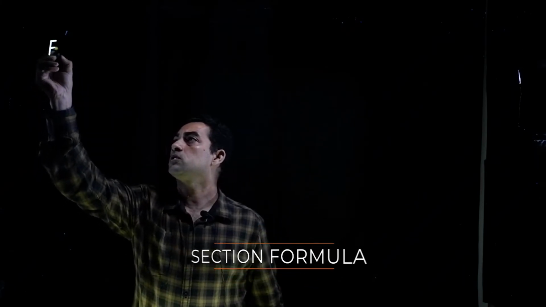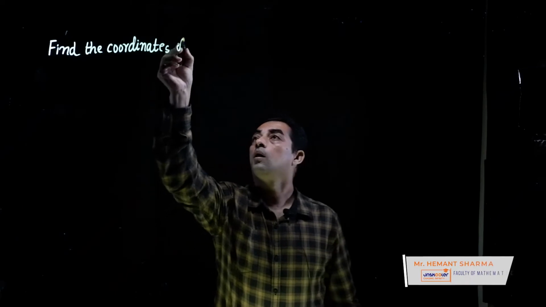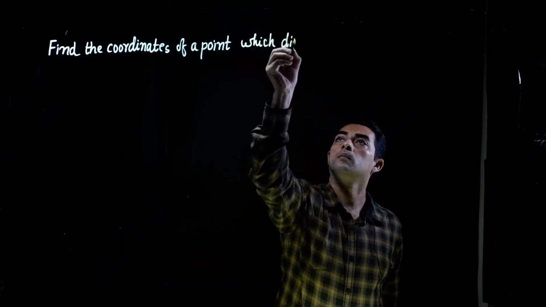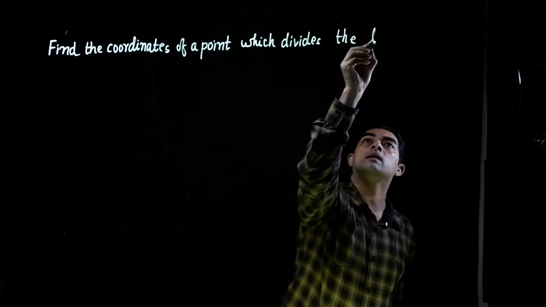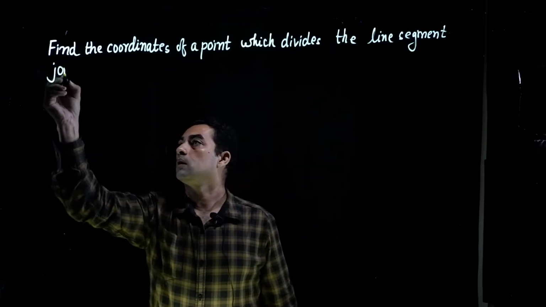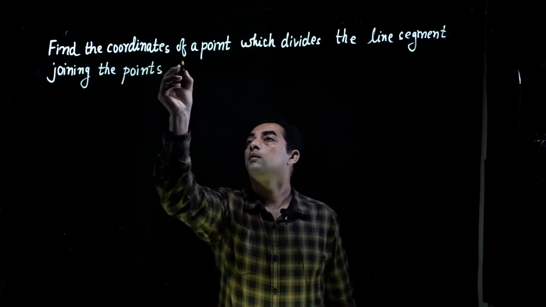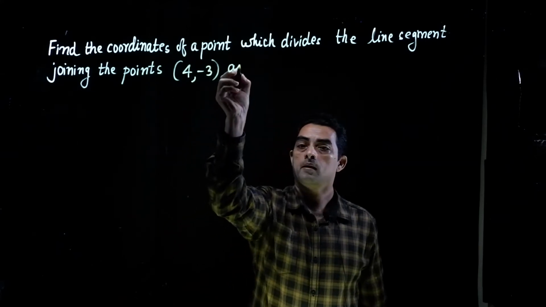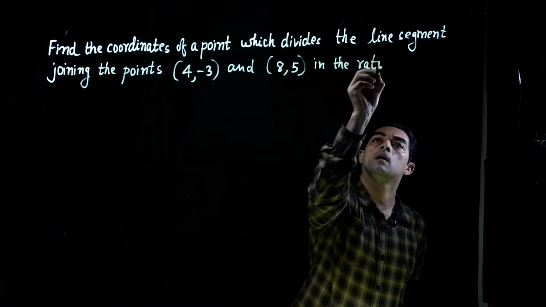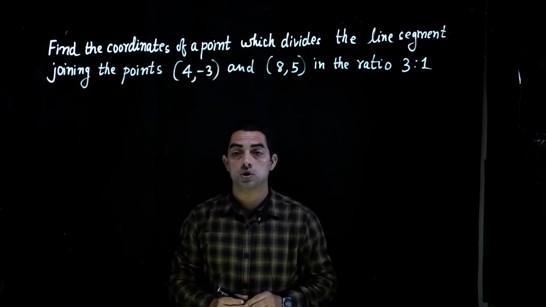Let's take the question: find the coordinates of a point which divides the line segment joining the points 4 comma minus 3 and 8 comma 5 in the ratio 3:1. Let us see how we can solve this kind of question using our section formula.